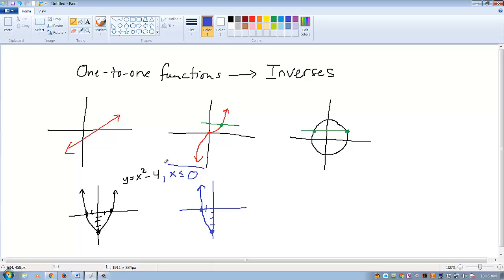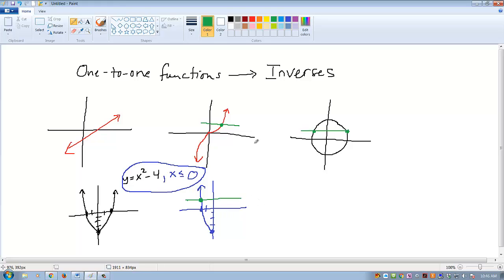So when I look at this particular function, it is just this half. Okay, this tells me what my domain is limited to, and since we have the ability to cross it and it just crosses in one spot, that is actually a one-to-one function.